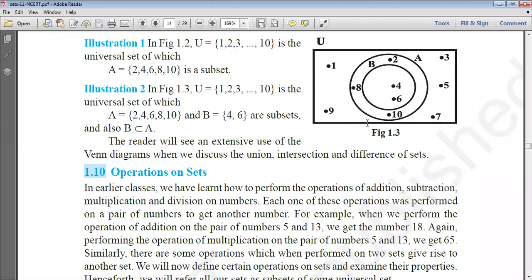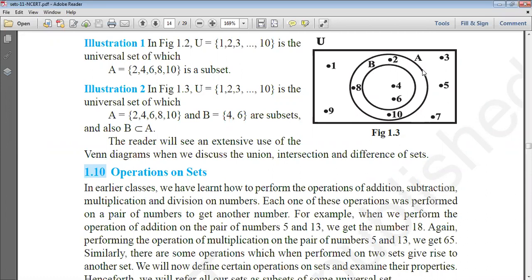And A is another set which comprises 2, 8, 10, along with the elements of B, 4 and 6. So A consists of, in total, 5 elements, and B consists of 2 elements, 4 and 6. And some elements are written outside A, that is 1 here, 9 here, 7, 5, 3.